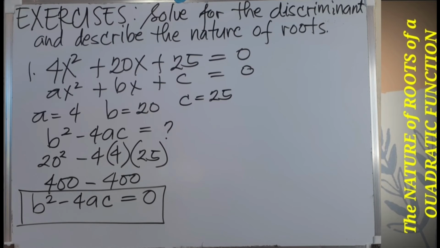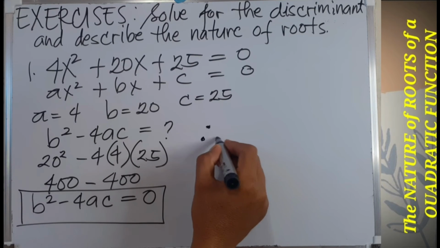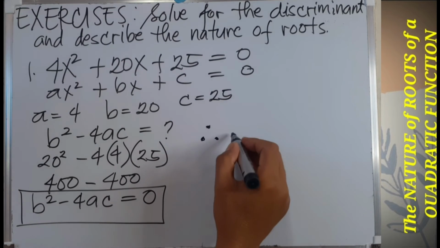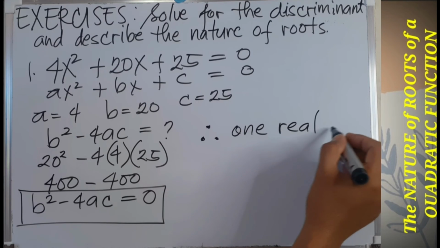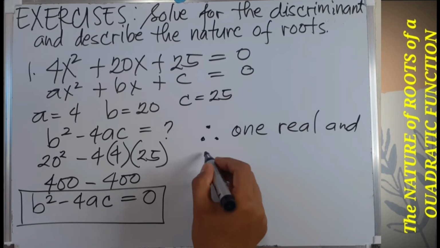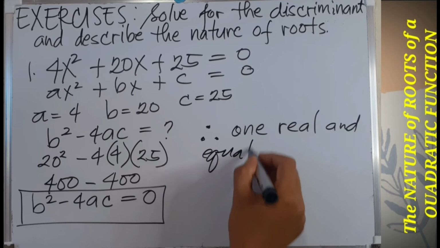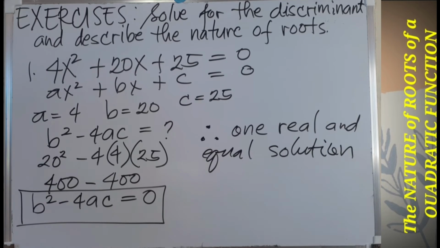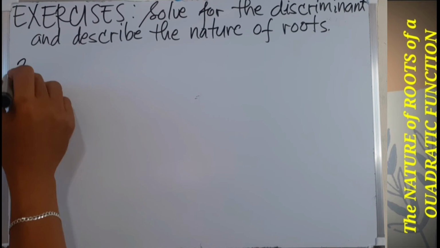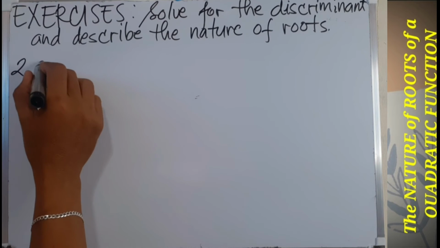Since the value of the discriminant is 0, we can say that the quadratic equation has one real and equal solution or roots.